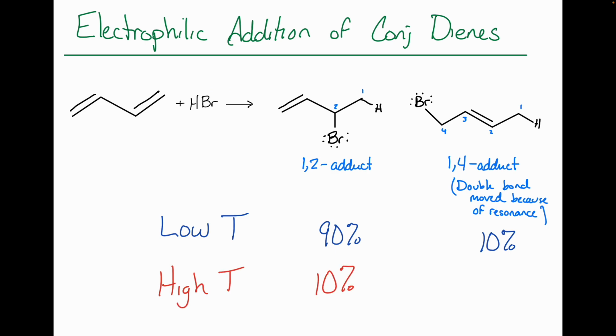Now all of a sudden our minor product is the 1,2 and our major product is the 1,4. So we can tune our reaction here using temperature to give us one over the other, all right? So why is that? Also, these numbers I made up, bottom line, major and minor.